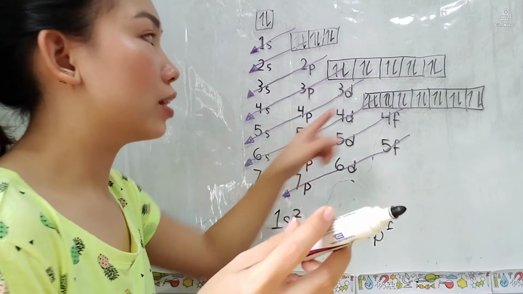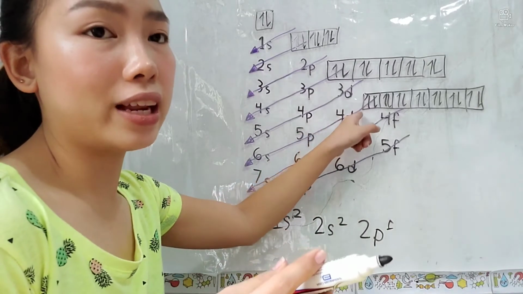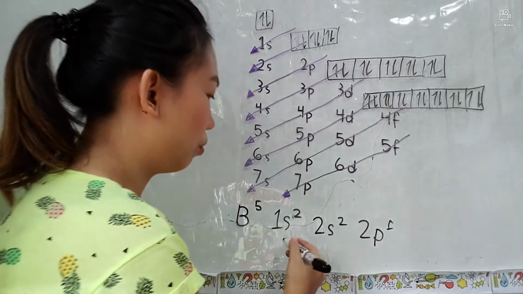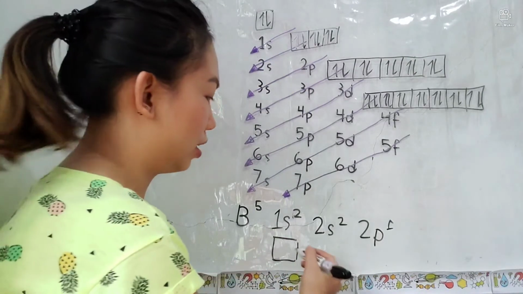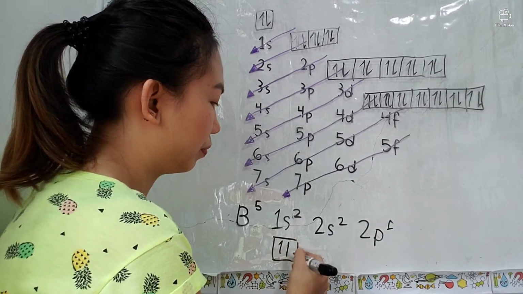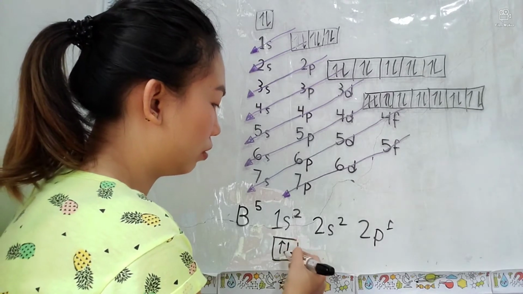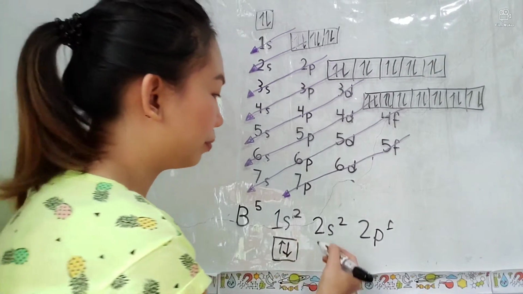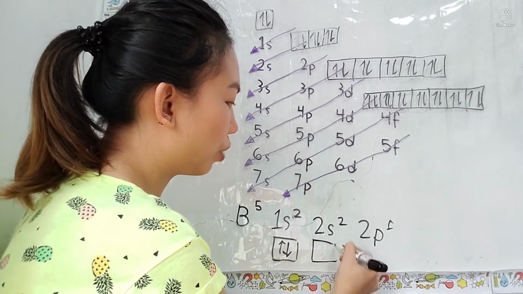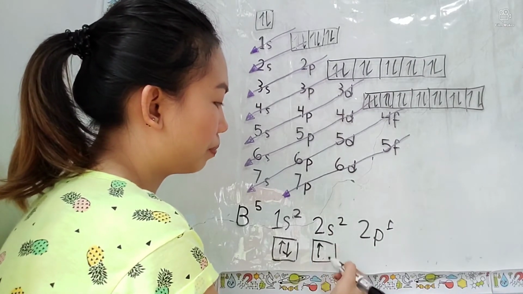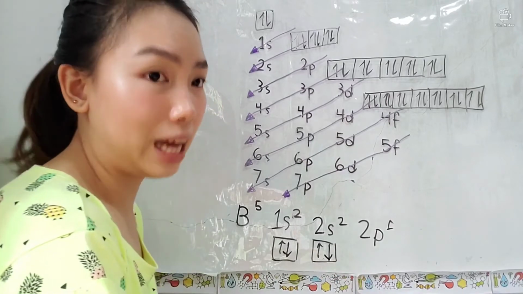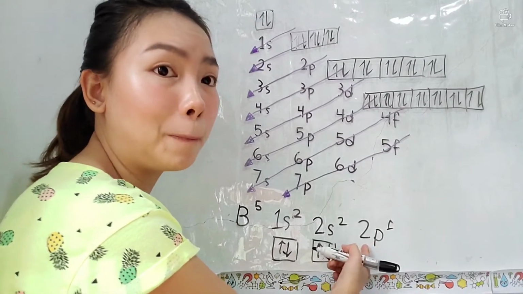So, para ipakita natin yung spin ng electron, we have 1s, 1 box for 1s, arrow up, and arrow down. Then, 1 box for 2s, kasi s pa rin naman siya. So, 1 arrow up, and 1 arrow down. And then, the next one is p.